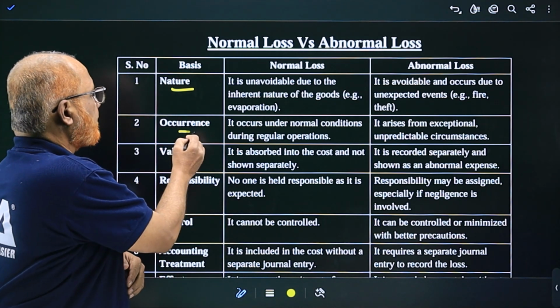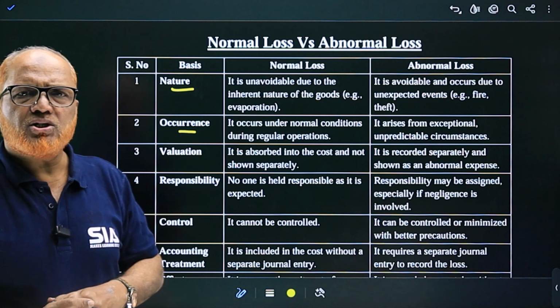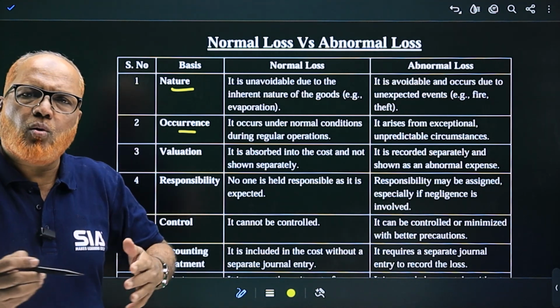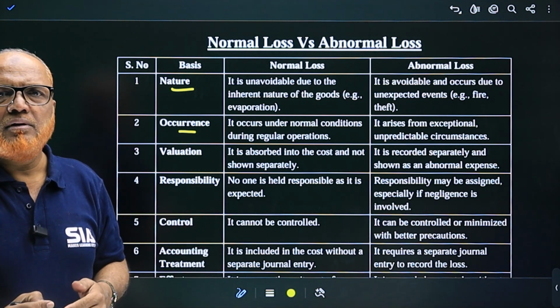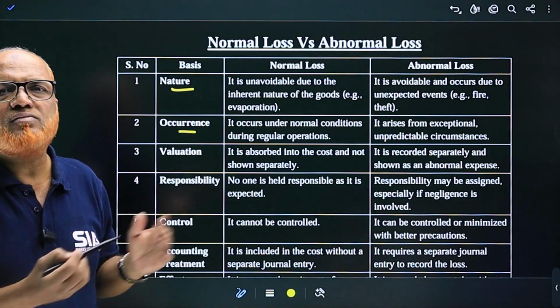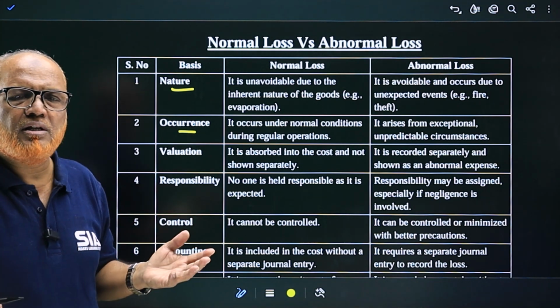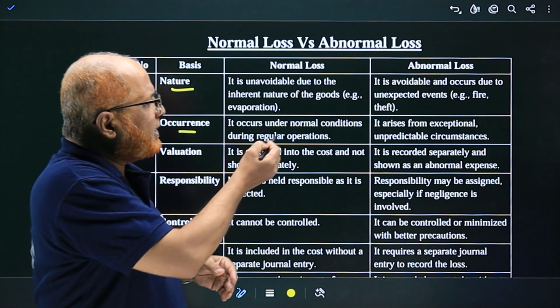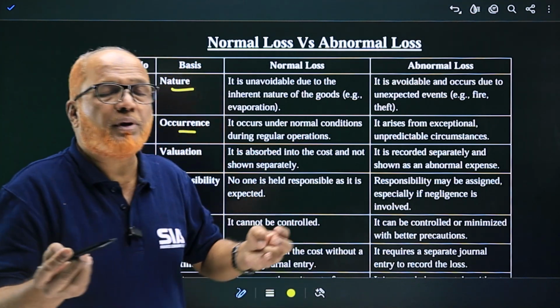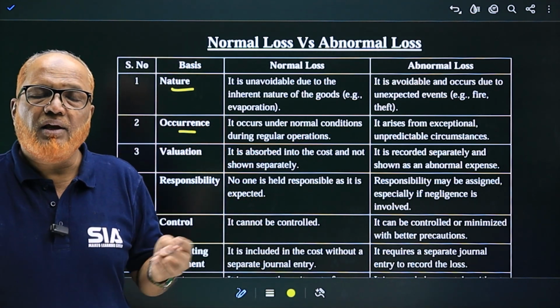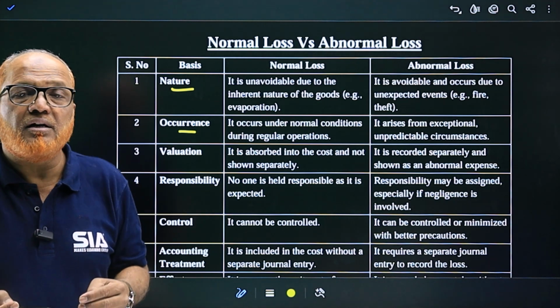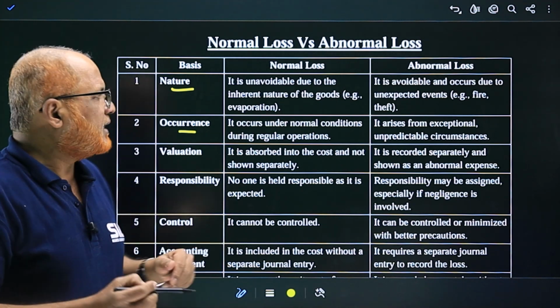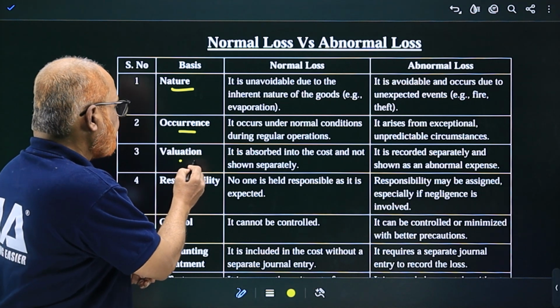Secondly, occurrence. Normal loss occurs under normal conditions during the regular course of the business. In the normal course of the business, this loss will occur. So there are no special conditions, but abnormal loss arises from exceptional, unpredictable circumstances, like a fire or an accident. It is unpredictable. The next one is valuation.